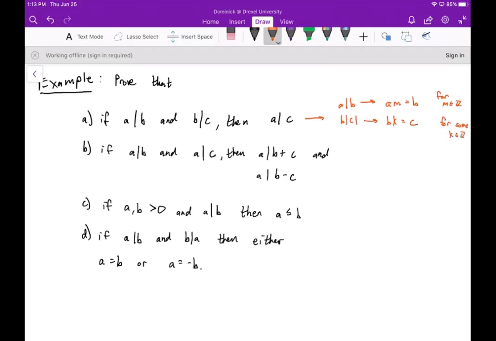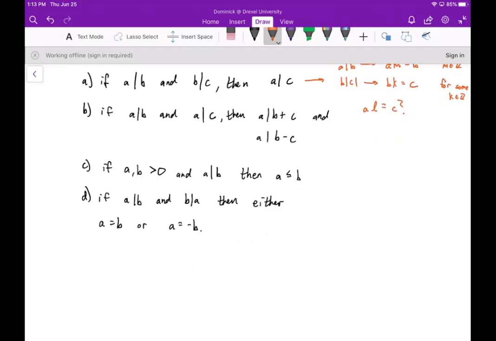Okay, and we want to show that a divides c. Can I write a times some integer L equals c? Well, yes, because we have that am is equal to b and bk is equal to c. So what we can do is substitute b equals c over k.